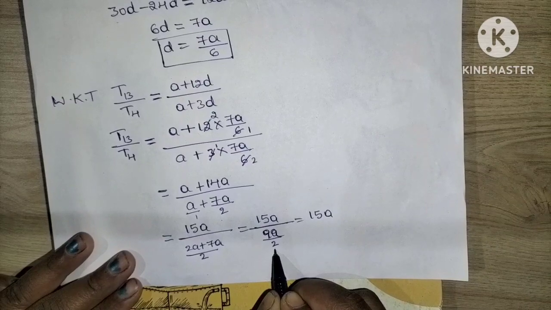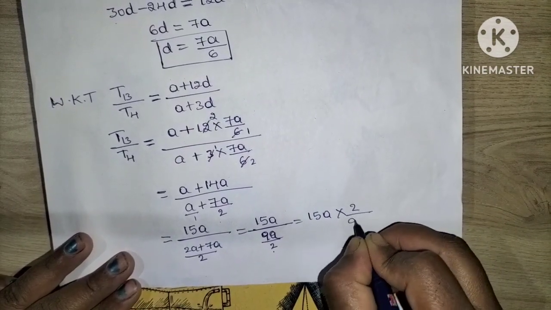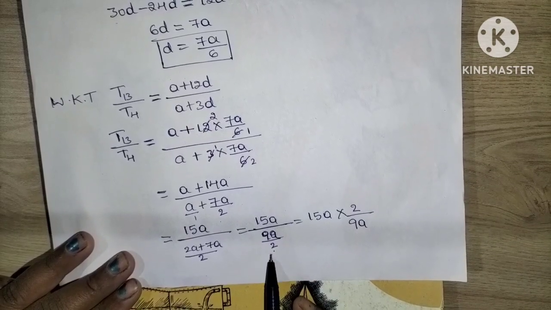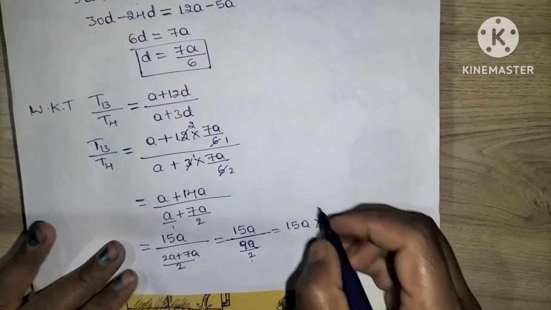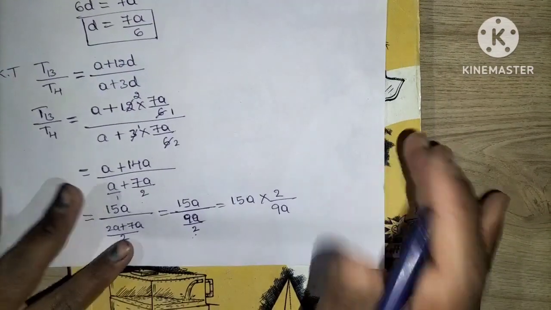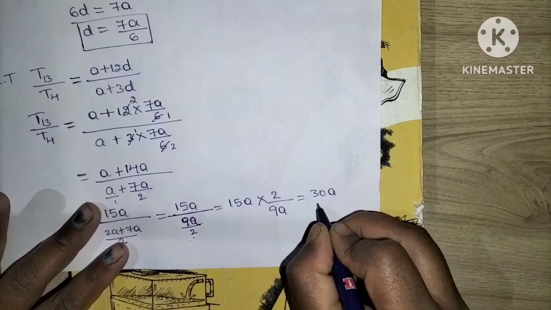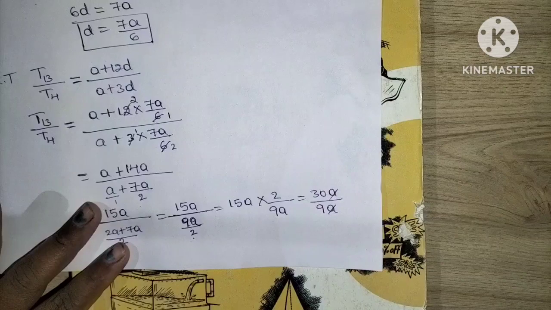If we take this 9a divided by 2 from denominator to numerator, it will become 2 divided by 9a. If we take the reciprocal of 9a divided by 2, it will become 2 divided by 9a. 15a into 2, 15 2s are 30, so 30a divided by 9a. So a will get cancelled.